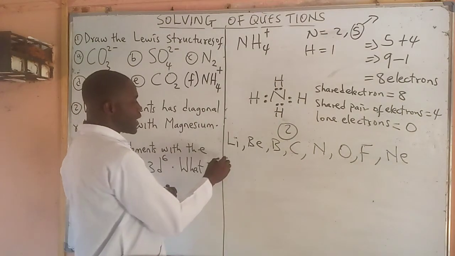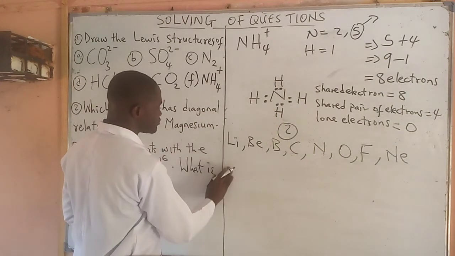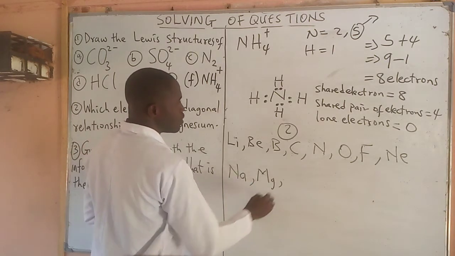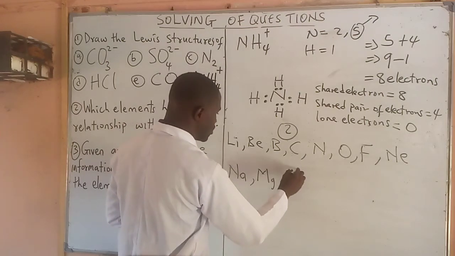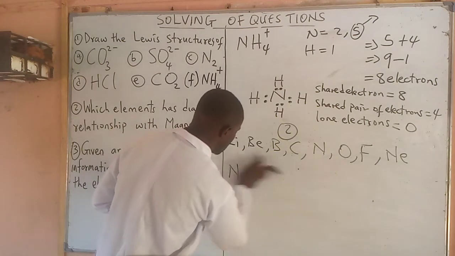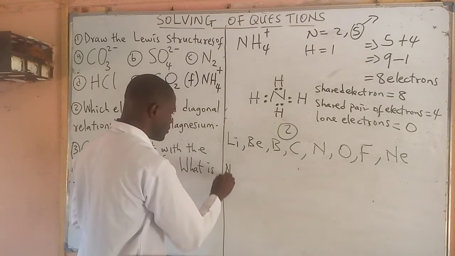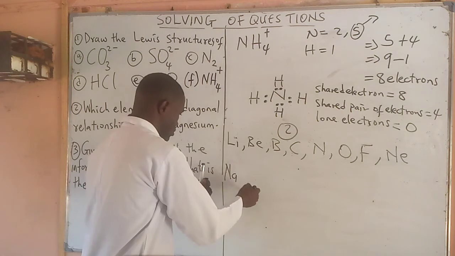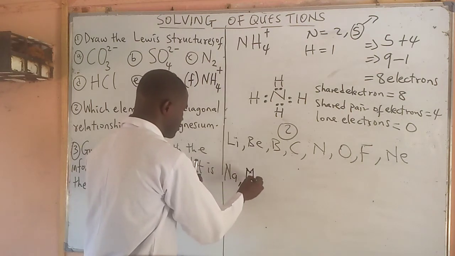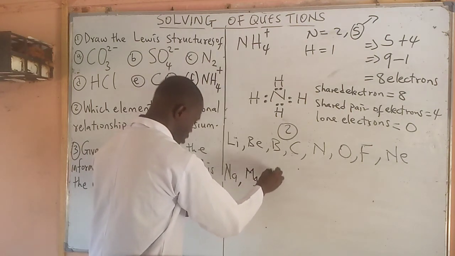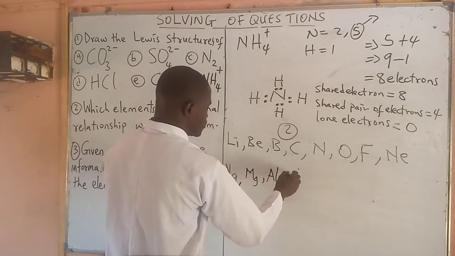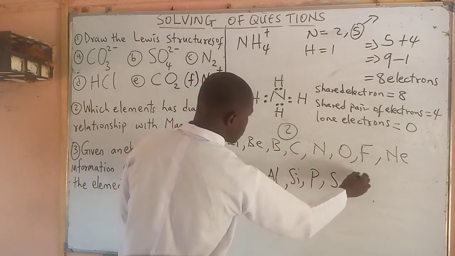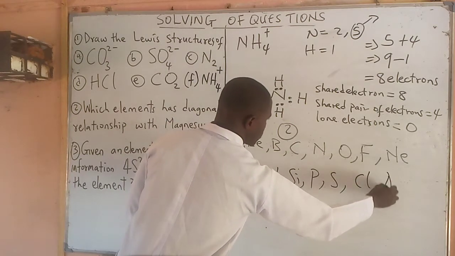Then in period 3, we have sodium, magnesium, aluminium, silicon, phosphorus, sulfur, chlorine, argon.